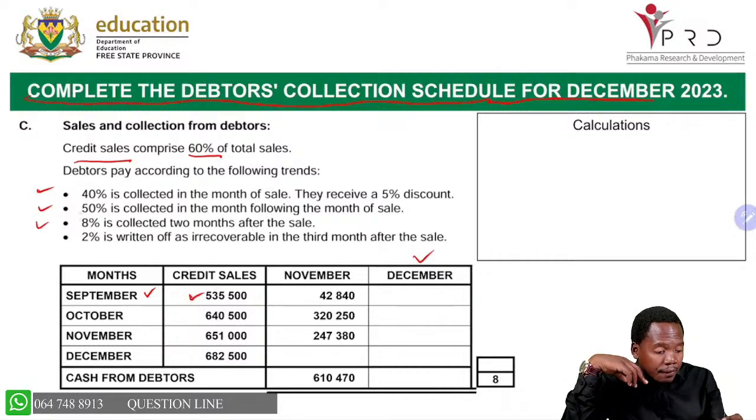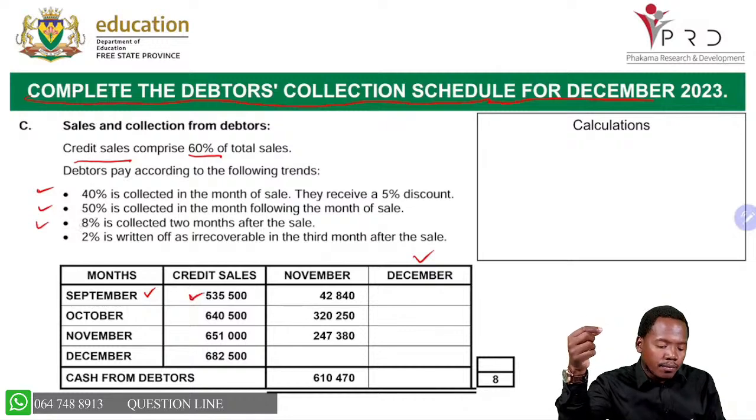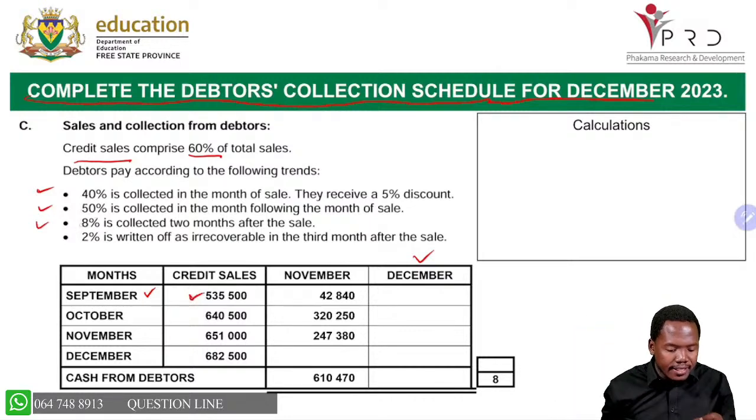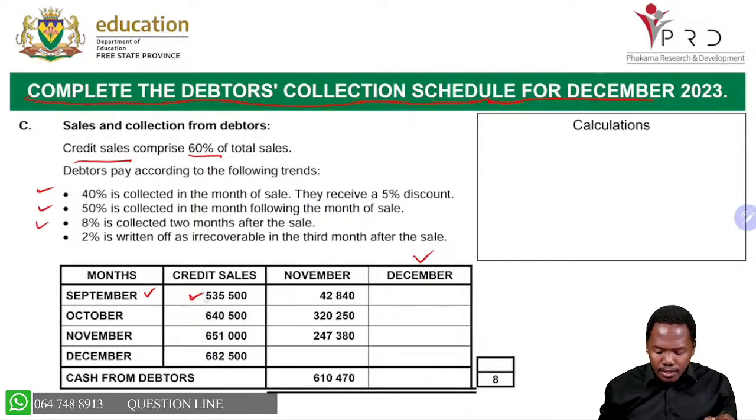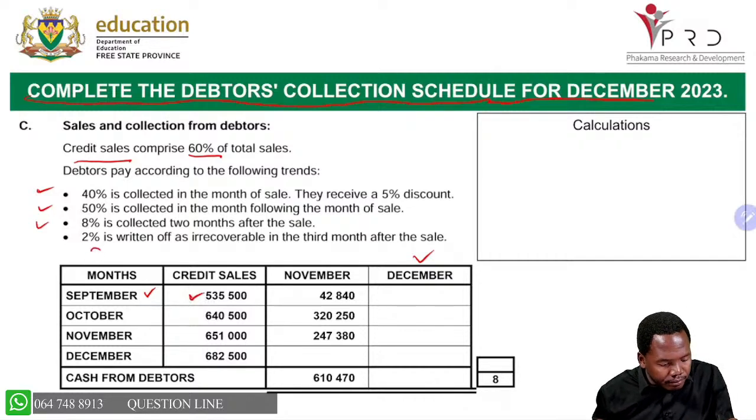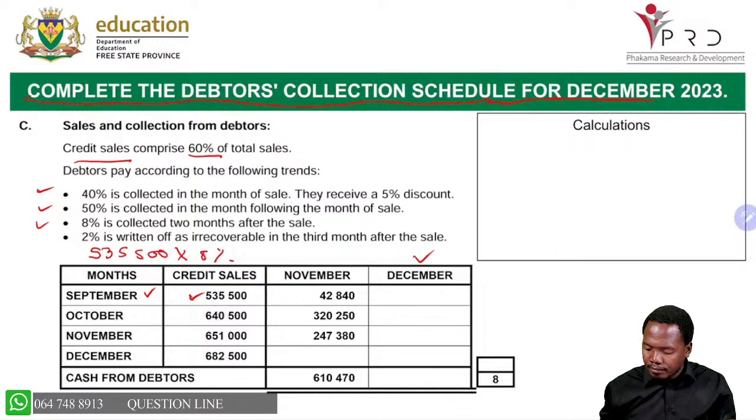And then after collecting 50%, I collect what? 8% in the month of November. There is the amount where they've said 535,500 multiplied by 8%.